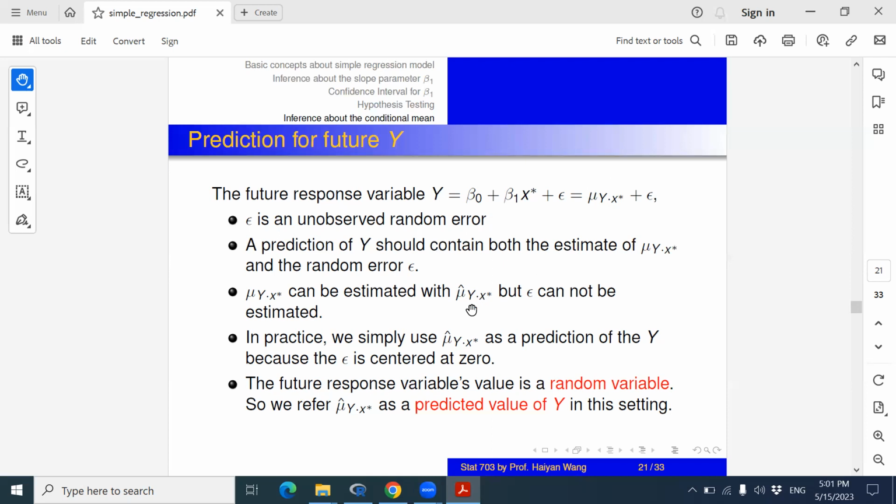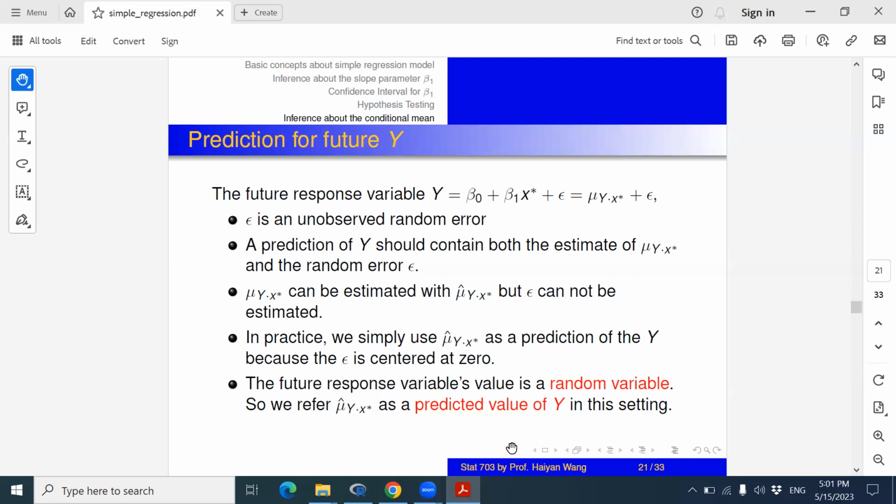The mu hat previously was used to estimate the conditional mean. So both of these two different scenarios, the estimate of the conditional mean and the prediction for the future y, are using the same point estimate, this mu hat. Okay, but they have some difference.